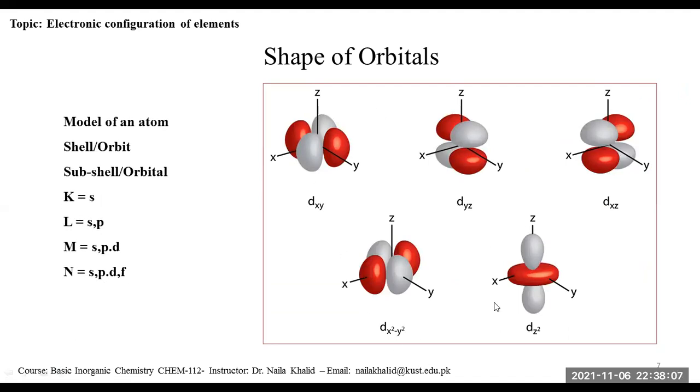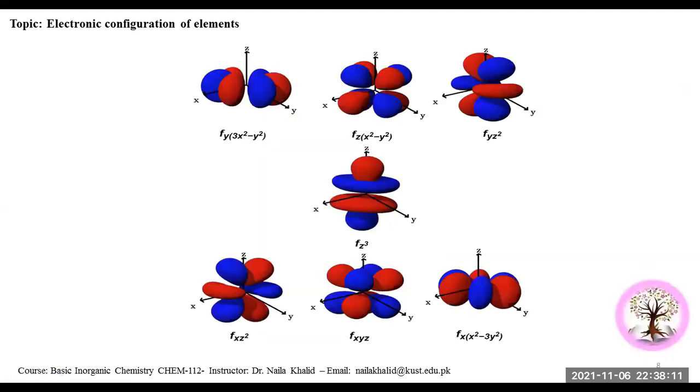This is a clearer picture for the d orbitals. Now for f orbitals, there are 7 f orbitals. On the basis of their shape, each is represented with its name according to its orientation in 3D space.